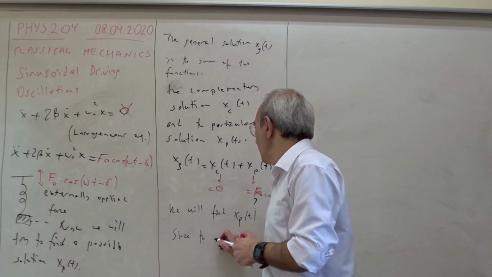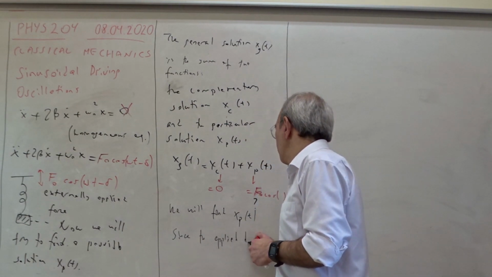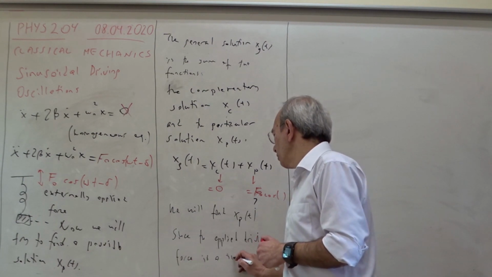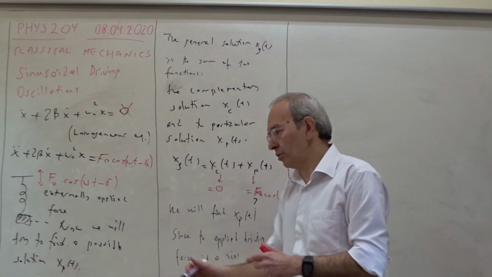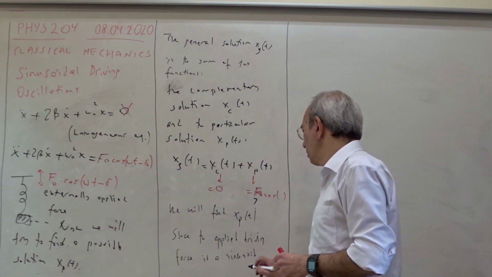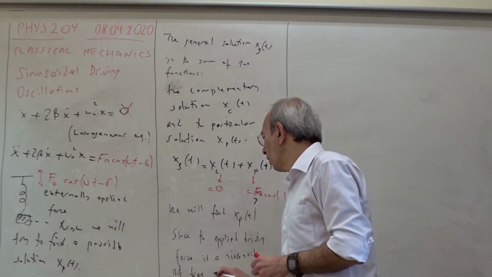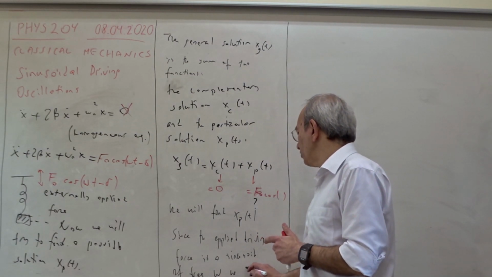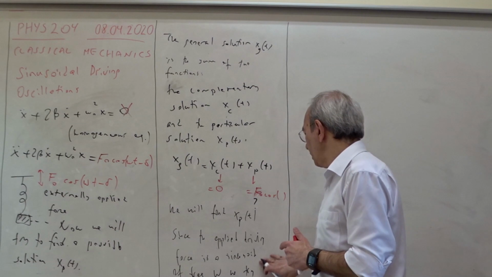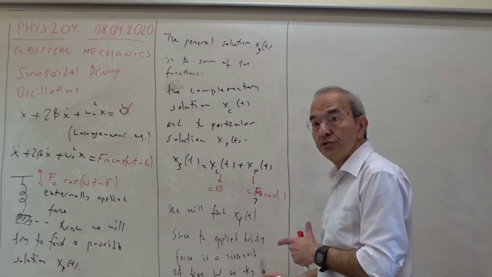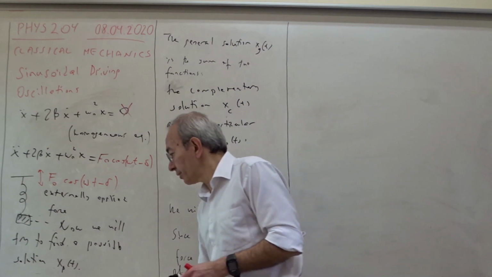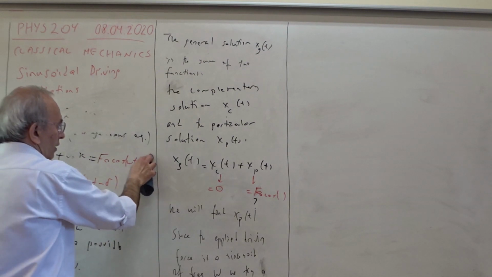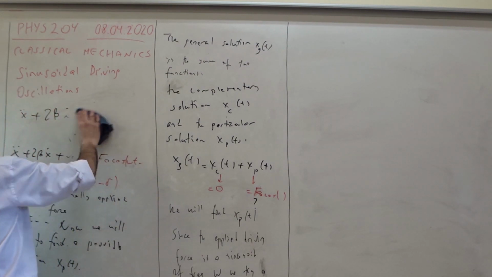Since the applied driving force is a sinusoid, cosine means a sinusoid, of frequency omega, not omega 0, any frequency omega, we try a function in this form. It will be a sinusoid, it will have a frequency omega.